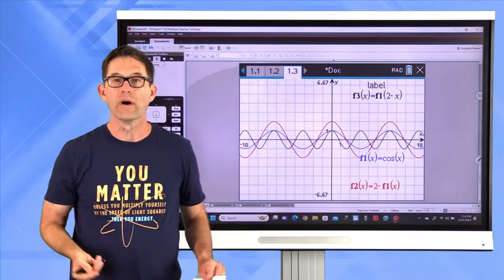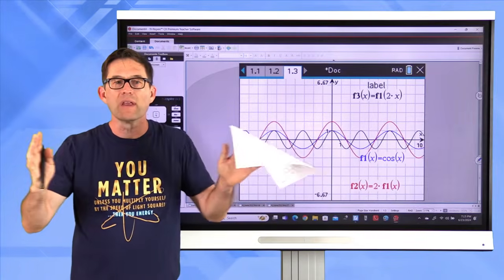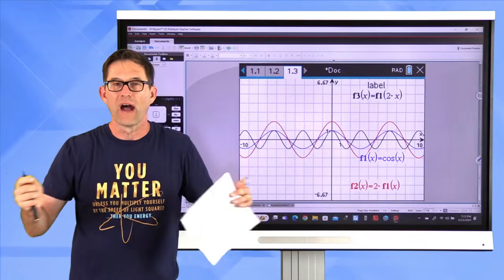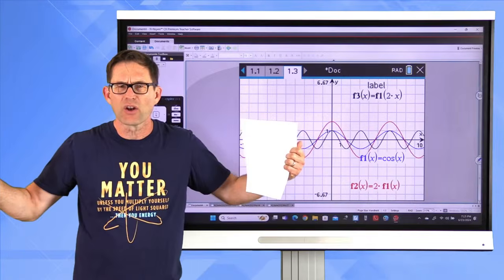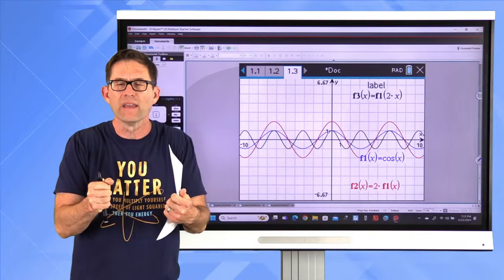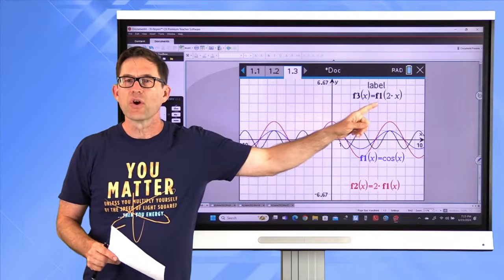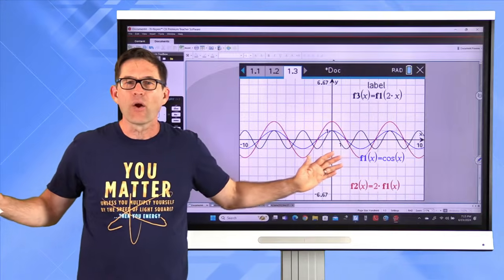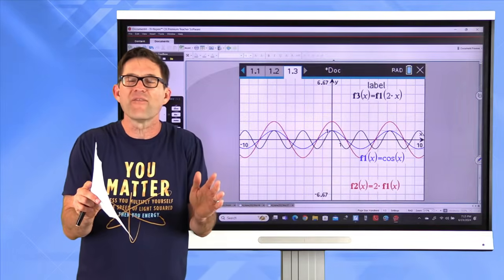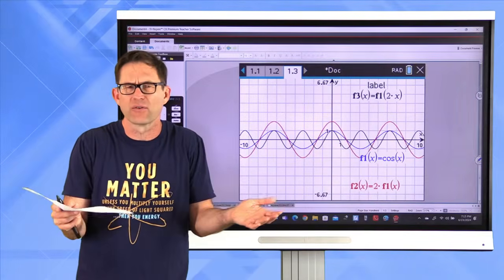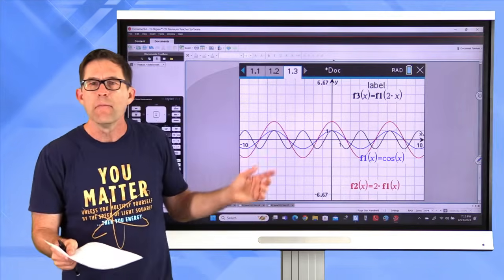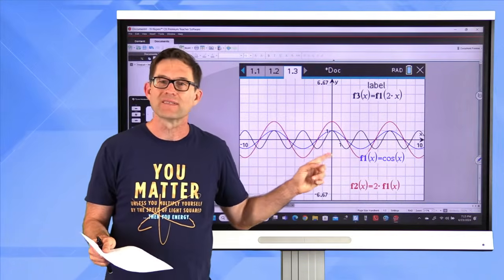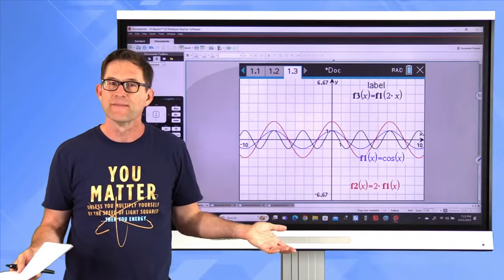And notice that one sort of accordions my cosine graph. I don't think that's a verb, but take an accordion and smoosh it in. So this one took cosine x and horizontally compressed it by a factor of 1/2 or a factor of 2, depending on how you look at it. But it's still an even function. It's still symmetric across the y-axis.